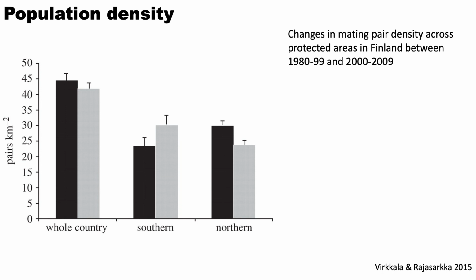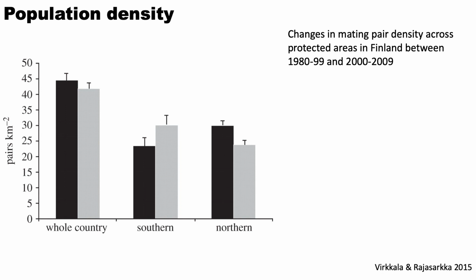Here they were interested in how change in climate has influenced density of mating pairs within protected areas. Other than the impacts of climate change, the protected areas haven't changed much, right? The influence of other disturbances has been minimal. But over this time period, the climate has obviously changed considerably.